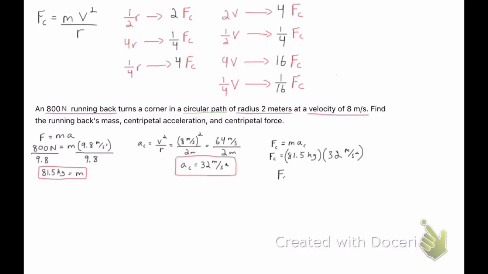When we multiply them together, we get that the centripetal force equals 2,608 newtons. I will box that. So that's how you find the mass of the running back, the centripetal acceleration, and the centripetal force for this problem.